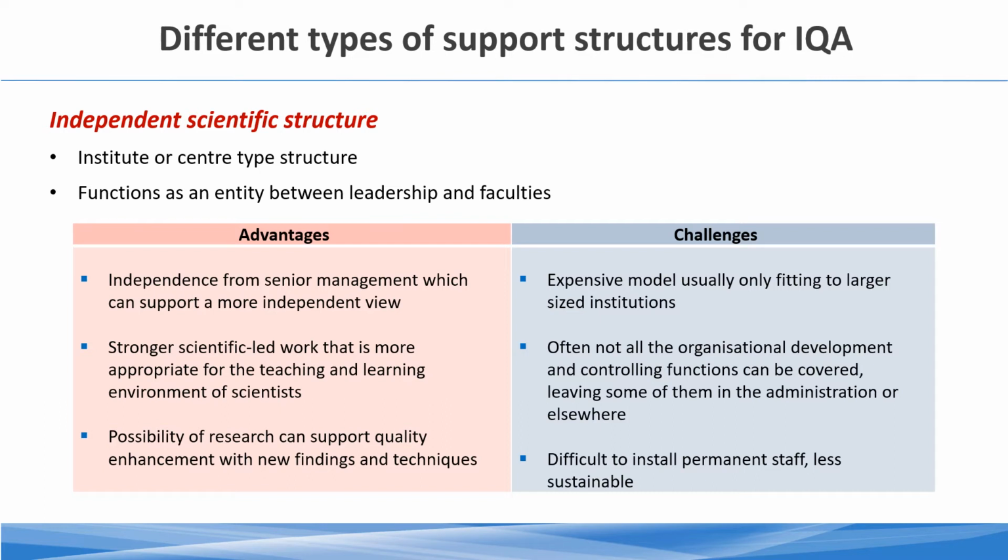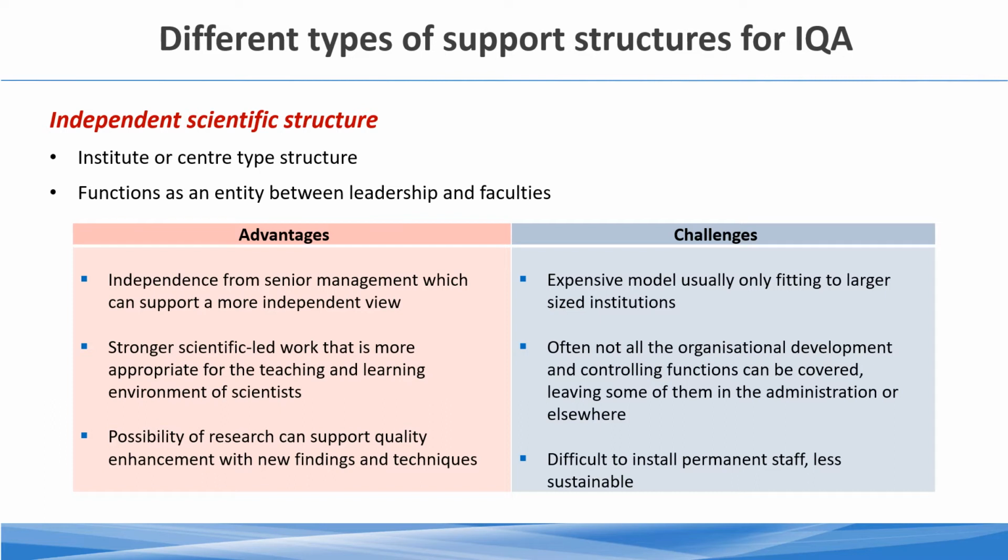Such a scientific structure may be attached to a university department, such as the Department of Psychology, and thus carry stronger scientific-led work. It has the analytical capacity to conduct surveys and address new IQA methods. This typically gives it greater credibility with academic researchers.